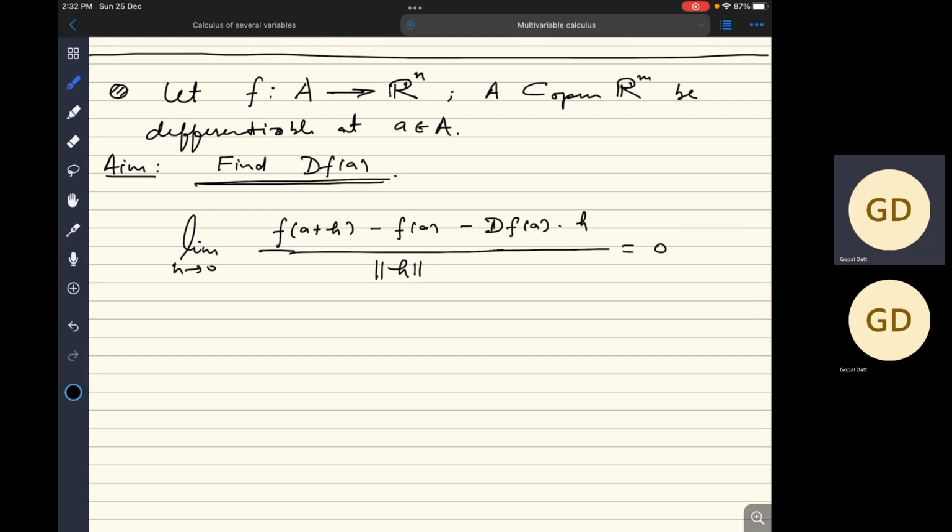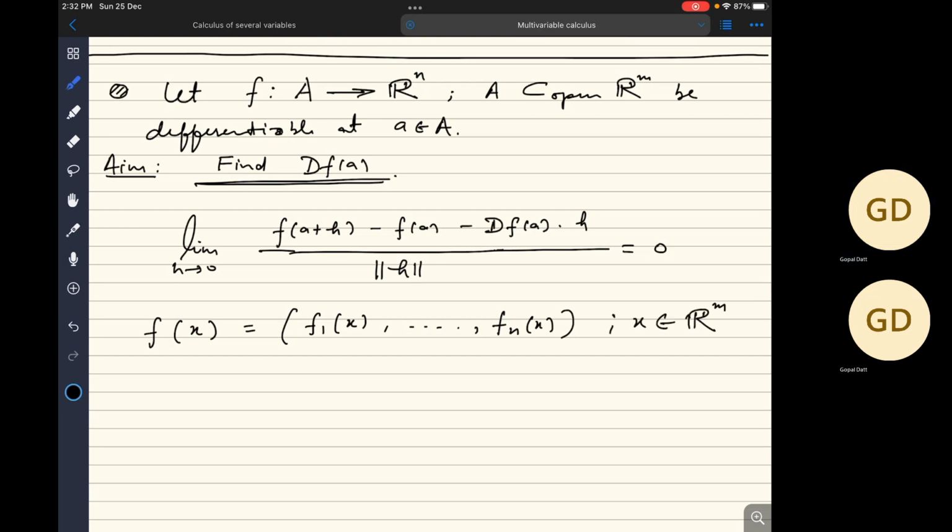Now, this function f is a vector valued function. This means fx can be written component wise. So f1 is the first component, fn is the last component. So this x is a vector in Rm.